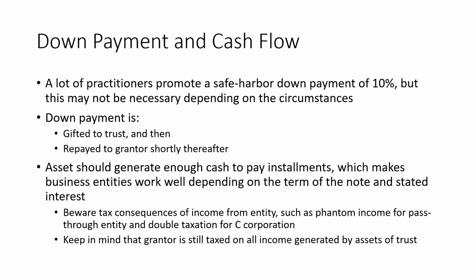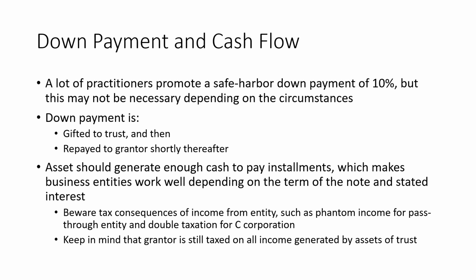of the sold asset. Now, I mentioned the down payment, and there's a lot of practitioners out there who have pulled out of thin air and perpetuated this myth that you have to have a safe harbor down payment of 10%. But that hasn't necessarily been condoned or condemned in any sort of IRS ruling. That's just a random number that people have pieced together impliedly from several rulings and cases and things of that nature.